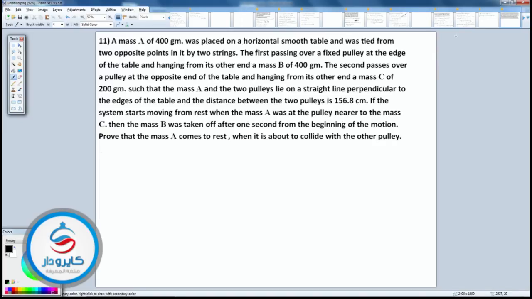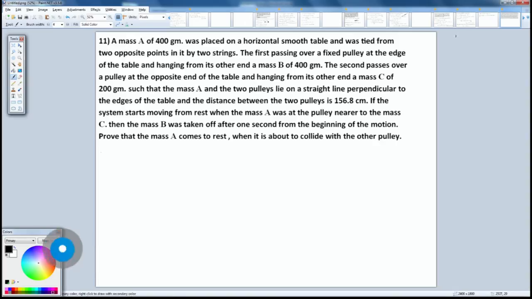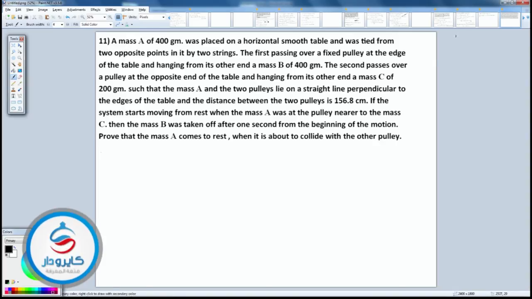The second passes over a pulley at the opposite end of the table and hangs from its other end a mass C of 200 gram, such that mass A and the two pulleys lie on a straight line perpendicular to the edge of the table, and the distance between the two pulleys is 156.8 centimeters.